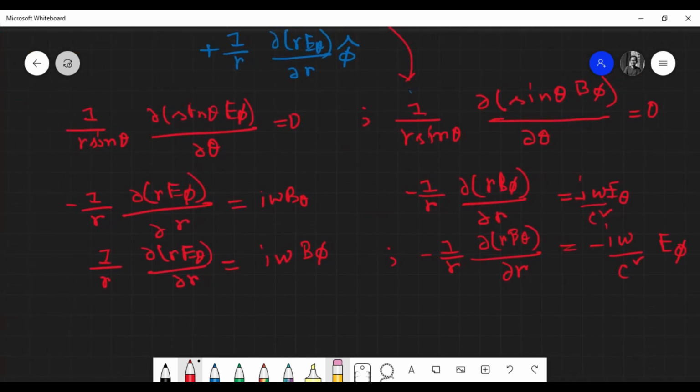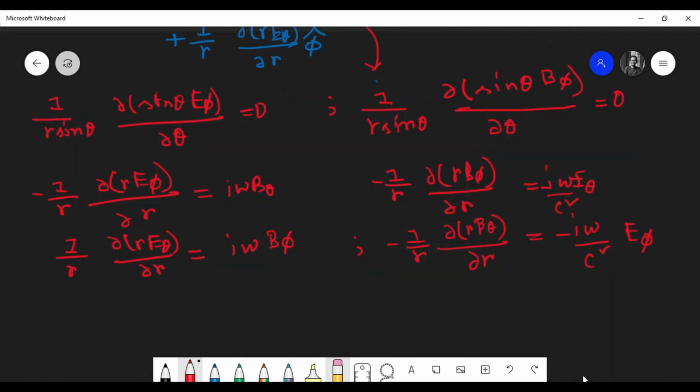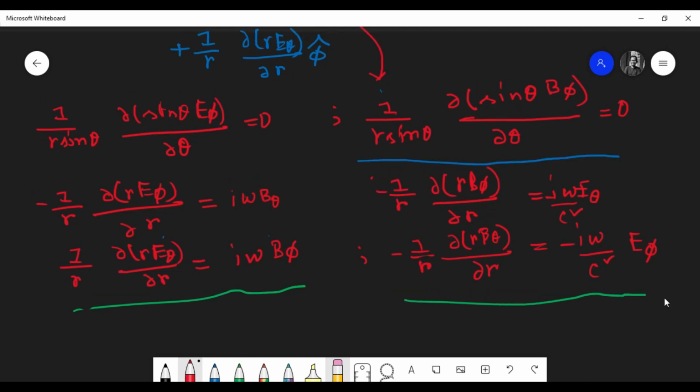Now we have two sets of equations, one for the electric fields on this side and one for the magnetic fields on this side. Now in part A of this problem, the book tells us to find two different sets of solutions which are very different from each other.